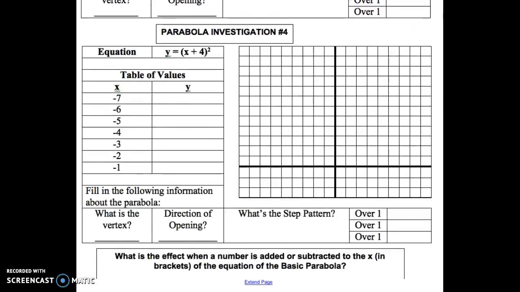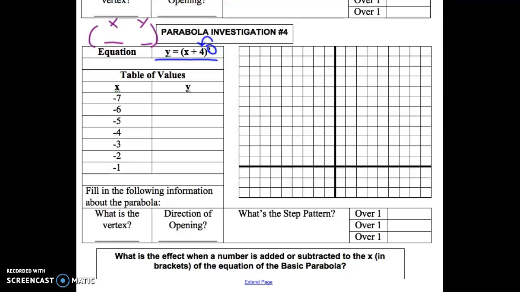So go ahead and try parabola investigation number 4. Initially try to find the vertex. Remember that the term to the left is the x value of the vertex, and you know that the x value is lying to you.